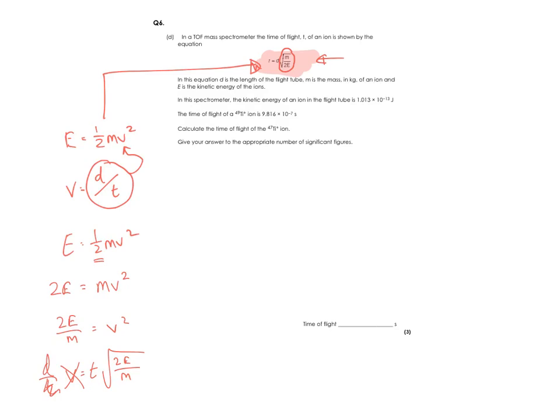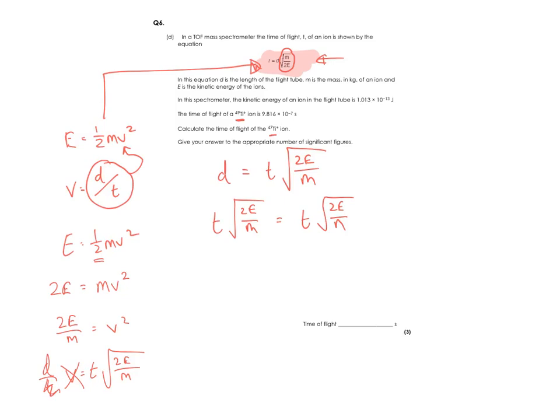The fact that they both travel the same distance means that if you rearrange this to get d by itself, which we did at the bottom there, so d equals t square root 2e over m, d is going to be the same for both the 49 ion and the 47 ion. So you can say that t times the square root of 2e over m will equal t times the square root of 2e over m for both those ions, and we can substitute in the numbers now.